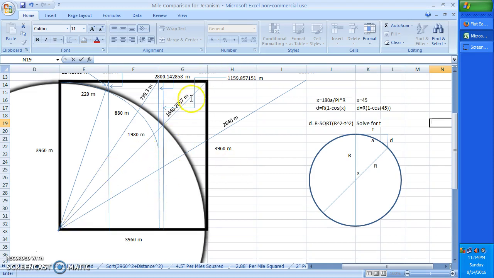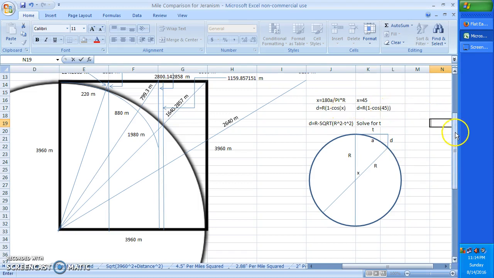Doing the math, I did the math, it came out to just over 45, but that depends on how many decimal places it carries out. It is actually 45. So it gave me some erroneous answers, but it let me zoom in on the correct answer doing it this way. So we have a 45-degree x, and we plug it into the formula where this drop distance equals r times 1 minus the cosine of x, or cosine of 45.